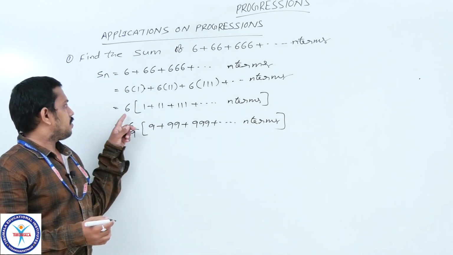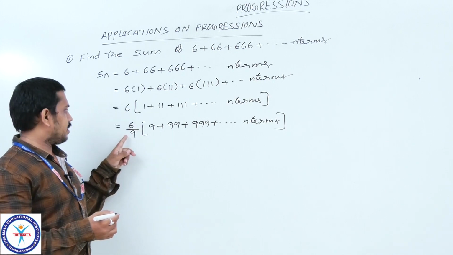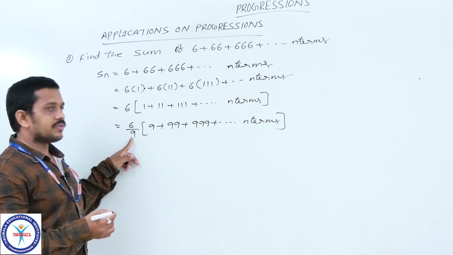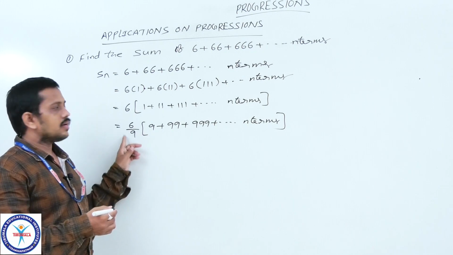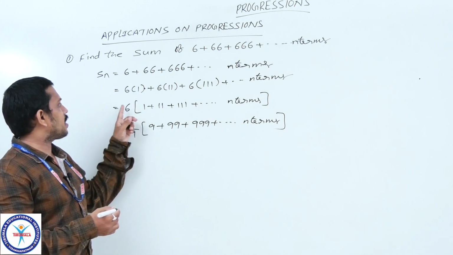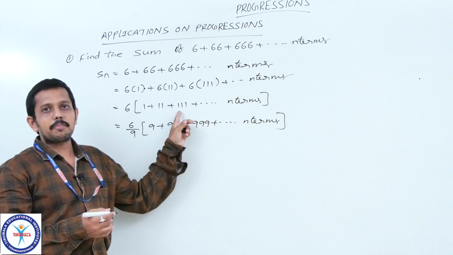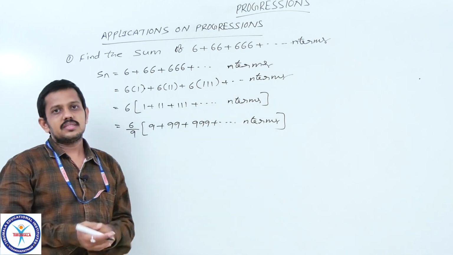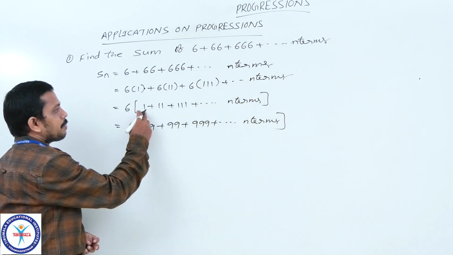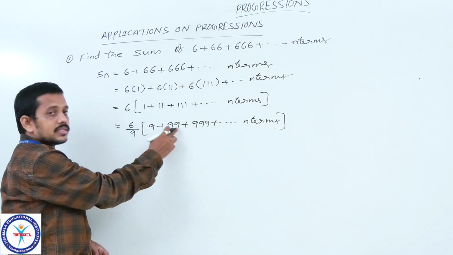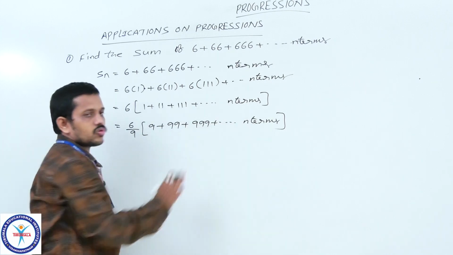Dividing by 9 we write it outside the brackets, and when we multiply with 9 we have to multiply each term of the given series.